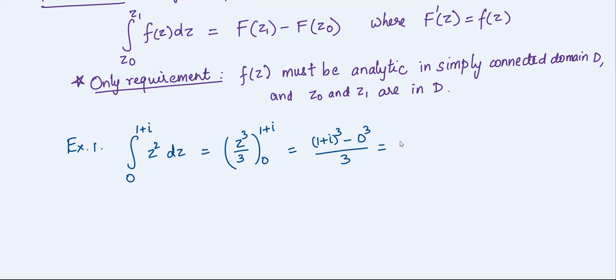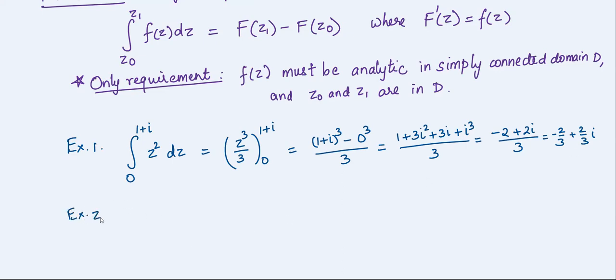So we get 1 plus 3I square plus 3I plus I cube. So this is minus 1 minus 3, that is minus 2. And I cube will be I square into I, minus I. So 3I minus I is 2I. So you get minus 2 by 3 plus 2 by 3 I. This is the integral value.